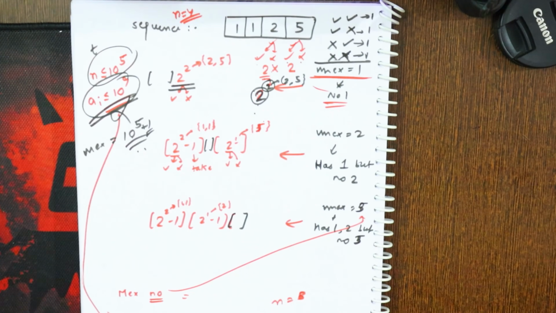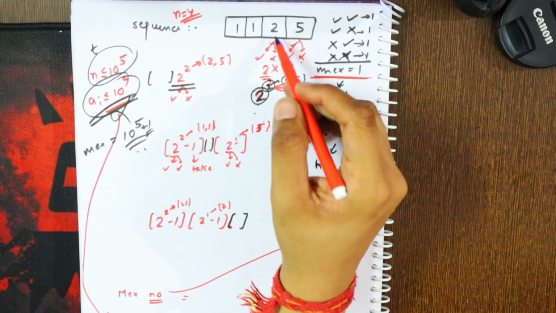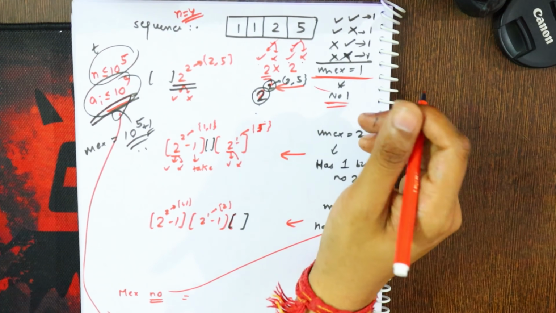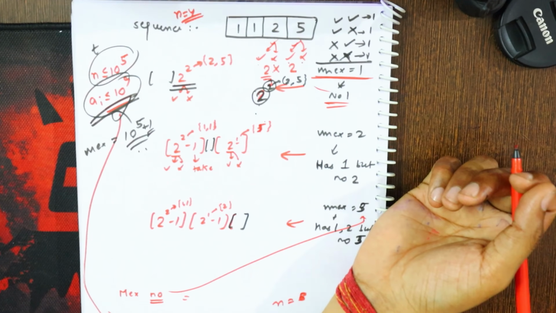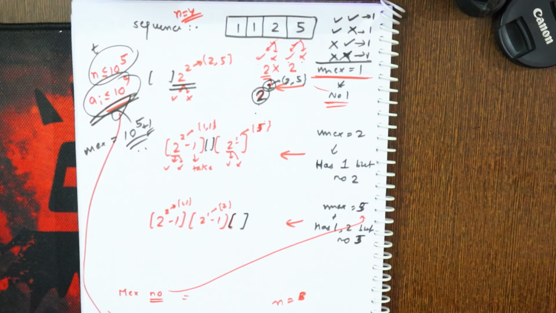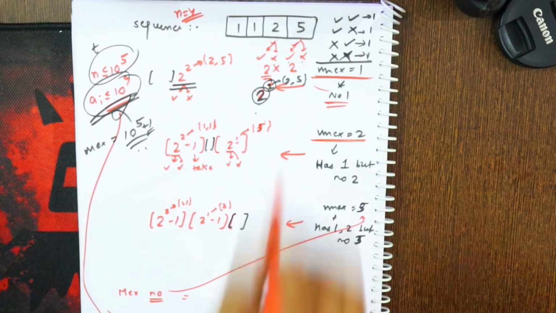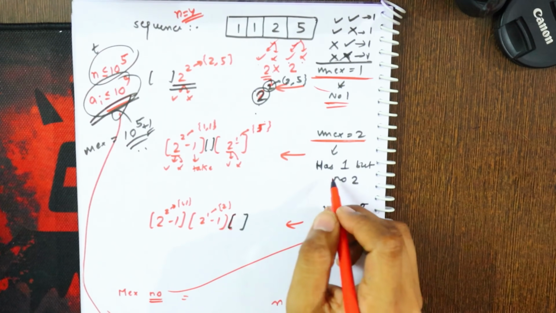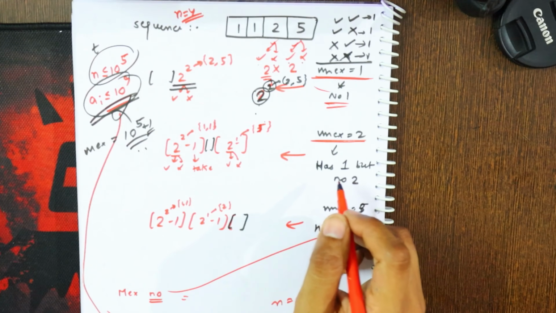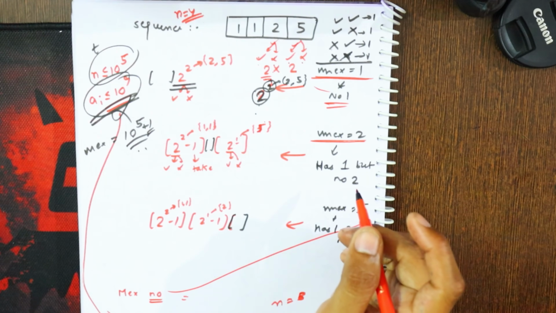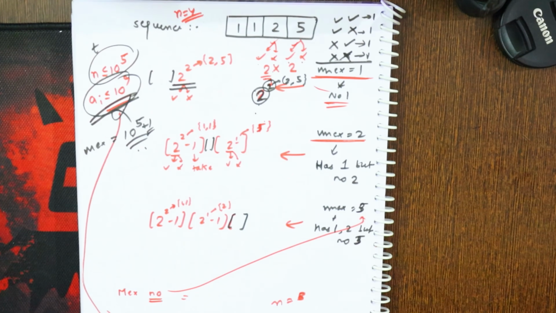Now let's dry run on another example also. So when we move on to MEX equal to 2, is it possible to have MEX equal to 2? Yes, it is possible. But how? If for any subsequence MEX equals 2, it means that in that particular subsequence we must have at least 1, because if 1 is not there then MEX will always be 1, but if 1 is there then MEX might be 2.